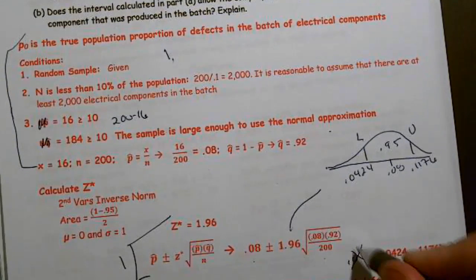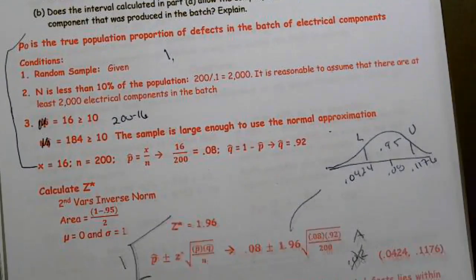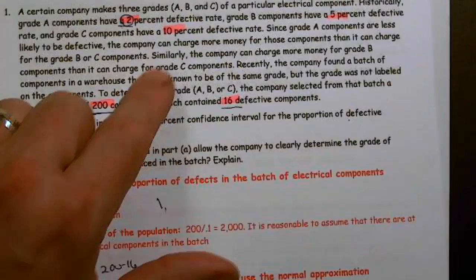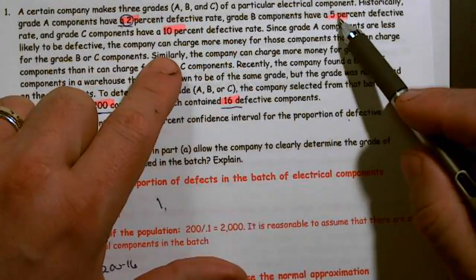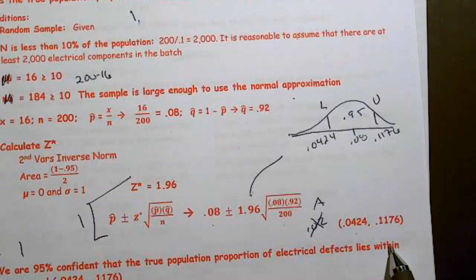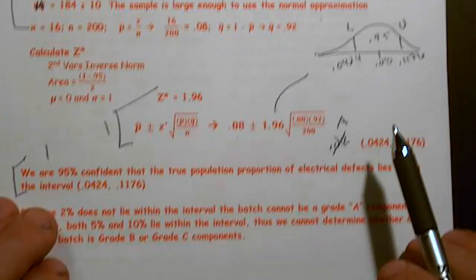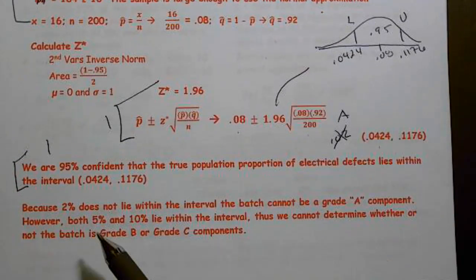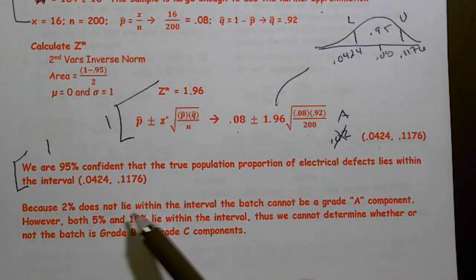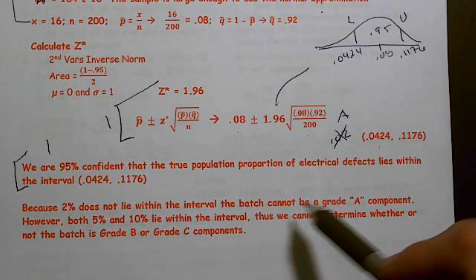It cannot be grade A. On the other hand, grade B is 5% and grade C is 10%. And both 5% and 10% lie within the interval. So technically, we need to say that A does not lie in the interval, but B and C are possible, so we cannot determine. So because 2% does not lie within the interval, the batch cannot be grade A.